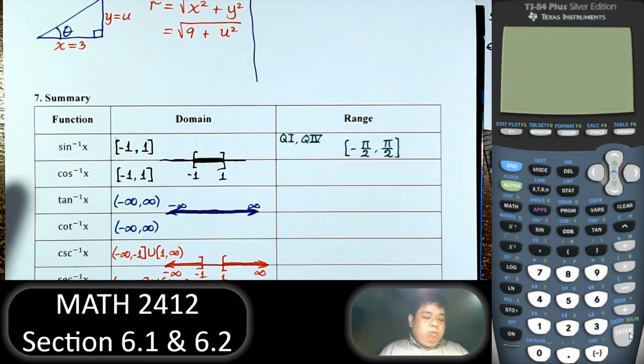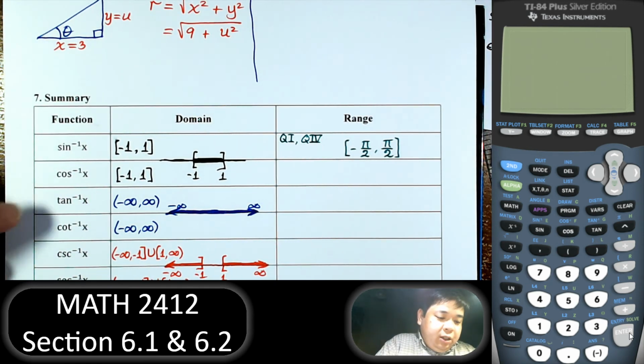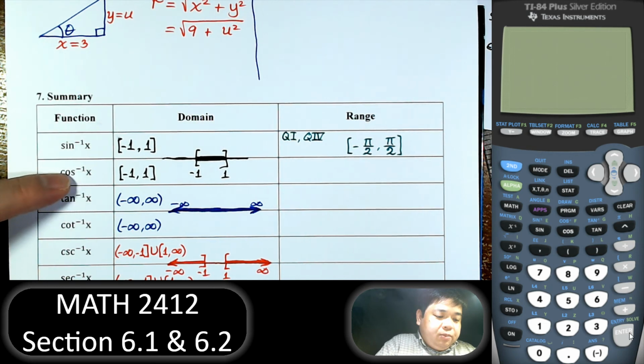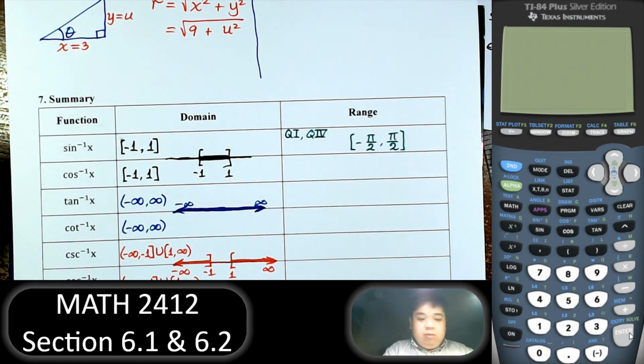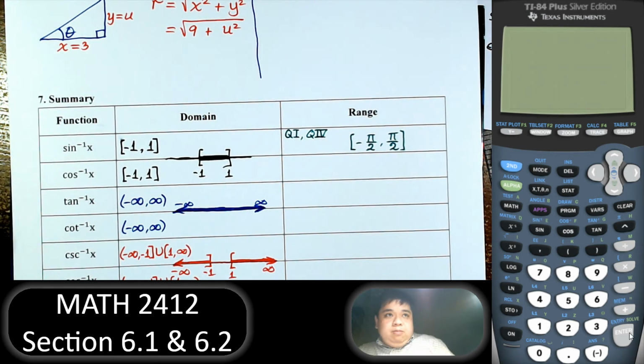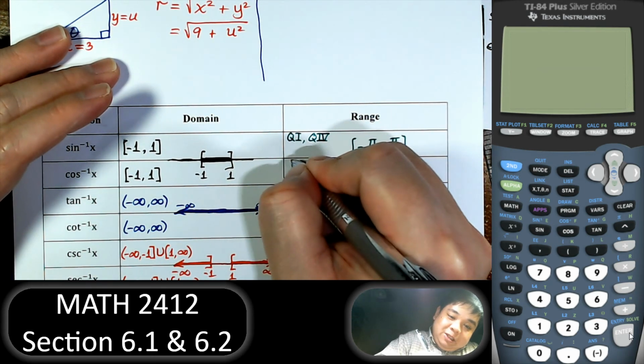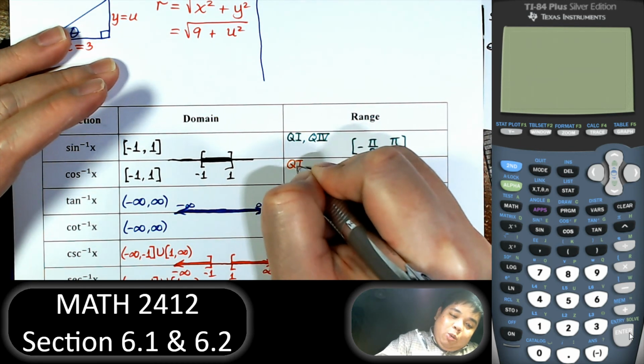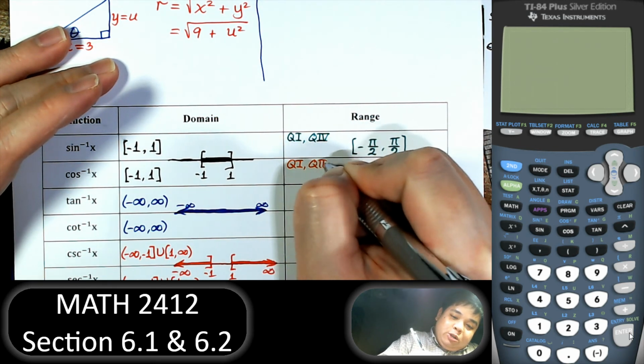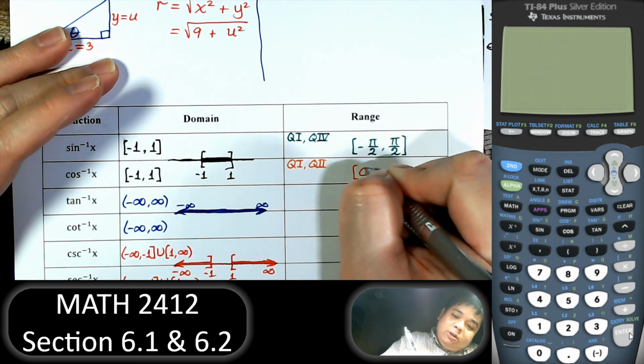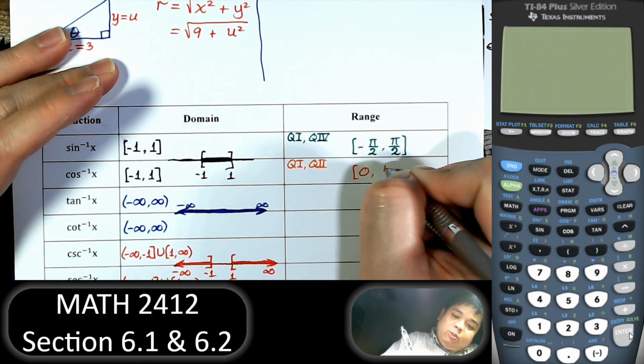And then the cosine inverse, quadrant 1 and quadrant 2 for cosine, meaning from 0 to pi.